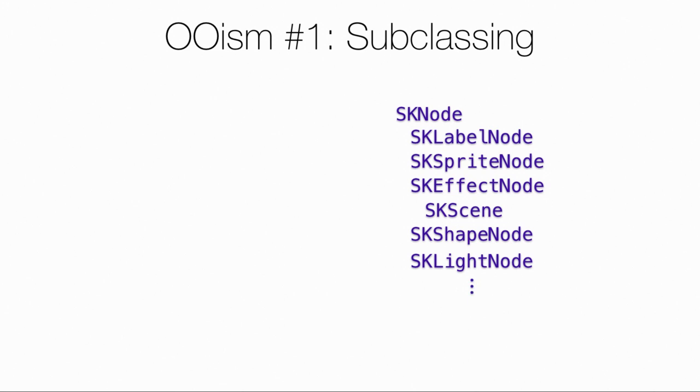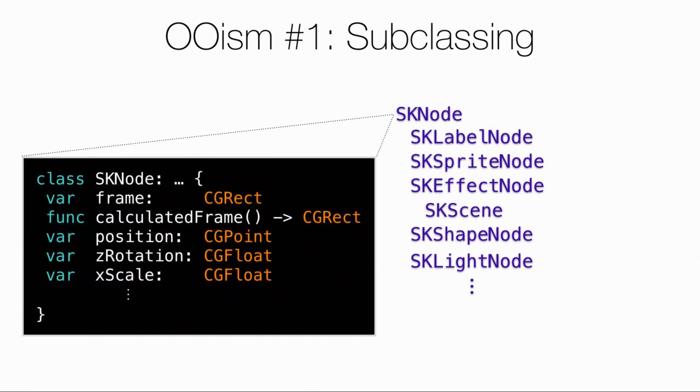On top of this particular one is this SKNode class, which is an abstract base class, including some properties which are shared by everything. Every node has a position, a scale, a frame on the screen. There are some methods which are available on all those nodes. Everything else inherits from that.